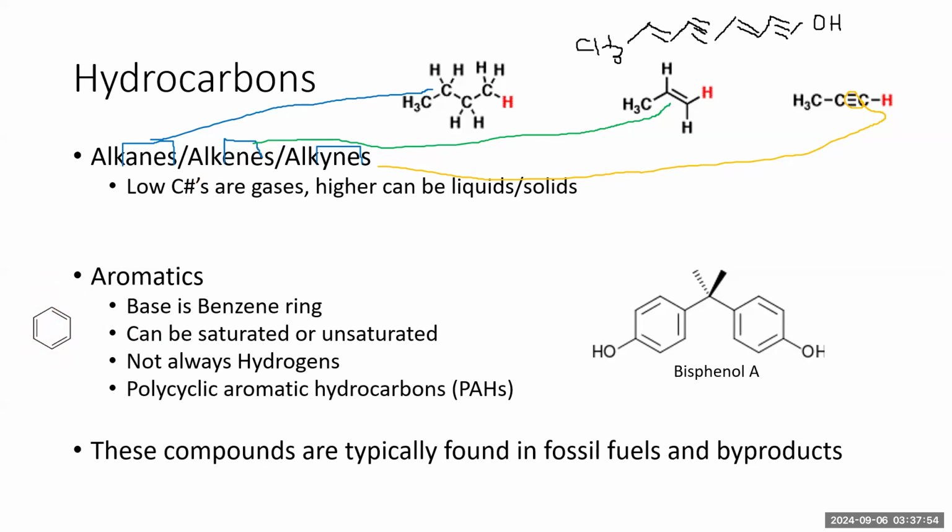Right? We've got our ene. Double bonds. Benzene. So benzene is always our base for building an aromatic compound.